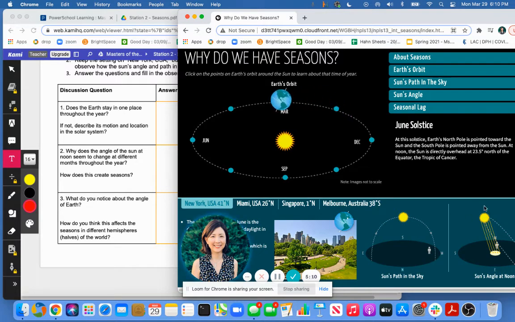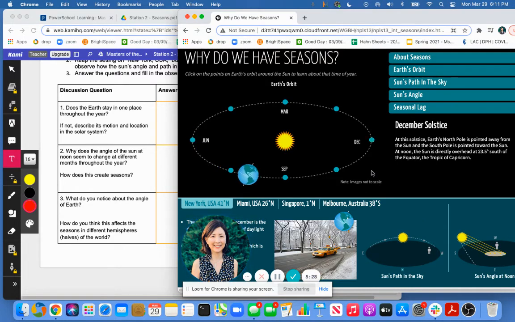It creates warmer temperatures when it's more overhead and more direct, because the northern hemisphere is pointing more directly to the sun. And in December, the North Pole is pointing away from the sun, so we're getting less direct sunlight.